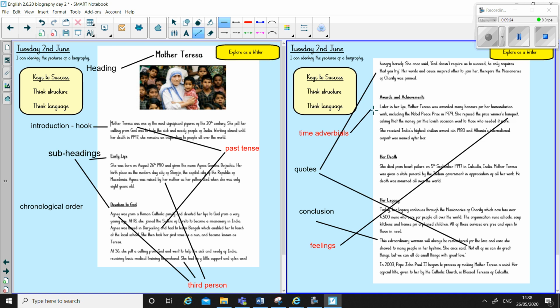Look, later in her life, on the 5th of September, that's when. Today, so her legacy is what's happened today. Oh, look at these lines all over the shop. So we've got time adverbials as well. I hope that's been okay and you found most of them. I think you will have found many of those. You're very good now at looking at the features of a piece of writing. So let's move on.